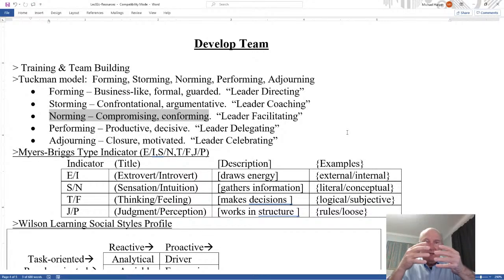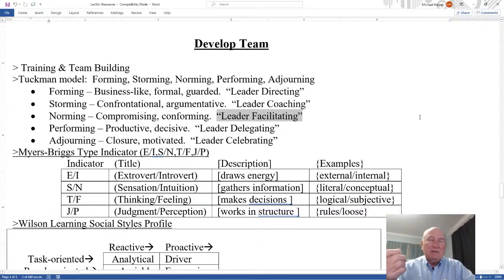And so when you come together and move toward your goal, your deliverable of your project mandate and your project objectives and your scope, then that's leader facilitating. So the project manager or leader of this norming stage, they are not dictating what should be done.